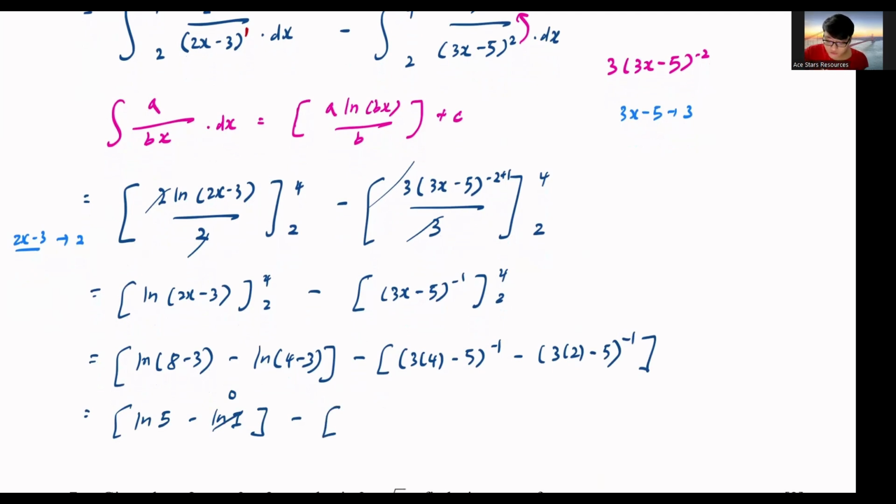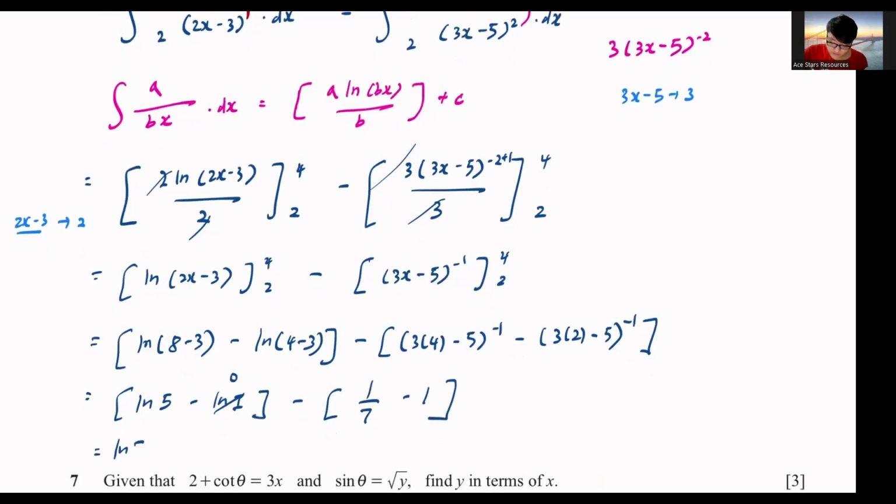So that's going to be 1 over 7, since it's to the power of minus 1, right? Just punch your calculator in this case. So ln 5 minus 1 over 7 plus 1, so that will be plus 6 over 7. So that's our final answer.